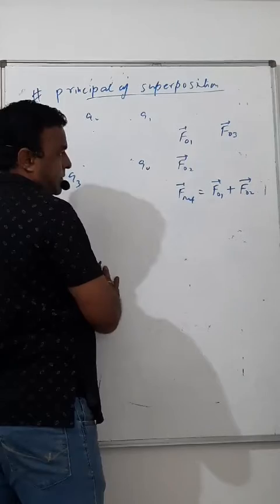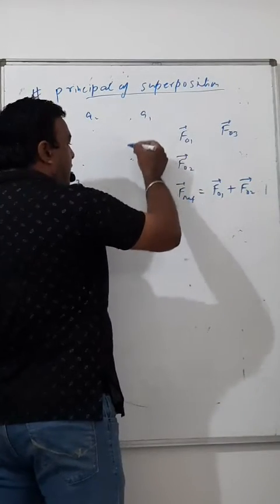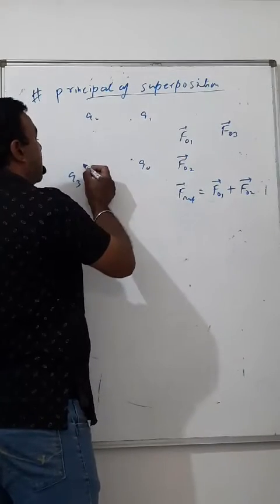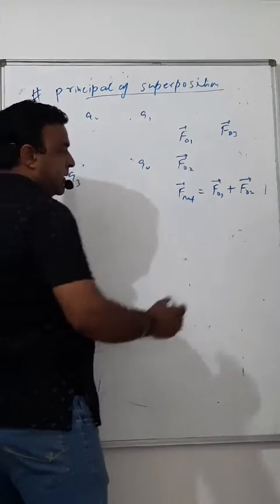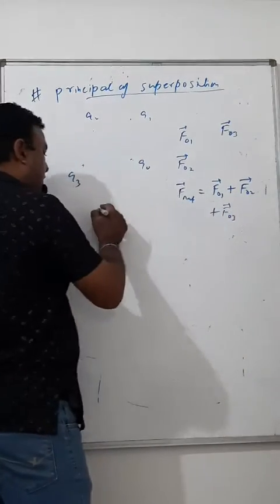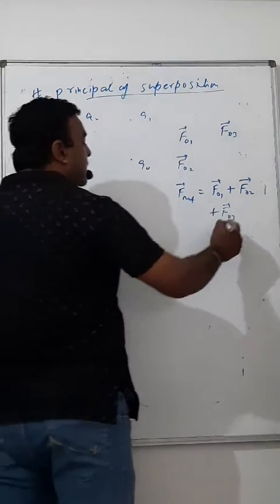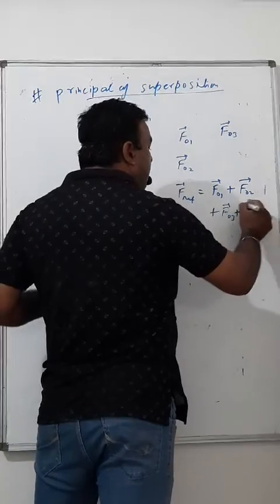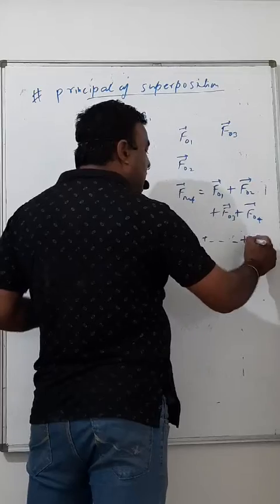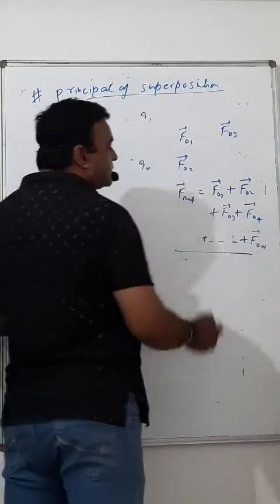If you extend it more and add another charge Q3, then there arises F03, the interaction of Q3 and Q0, with F01 the interaction of Q1 and Q0, and F02 the interaction of Q2 and Q0. If you introduce Q4, it goes on like this up to F0n.